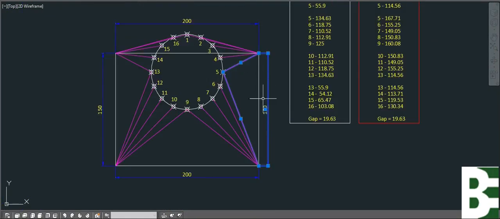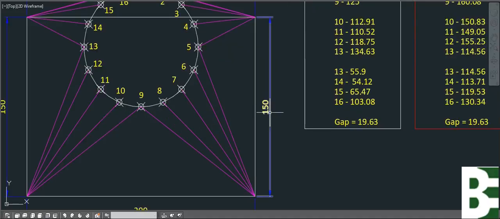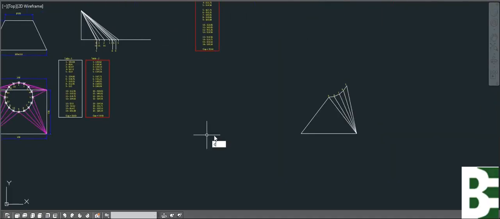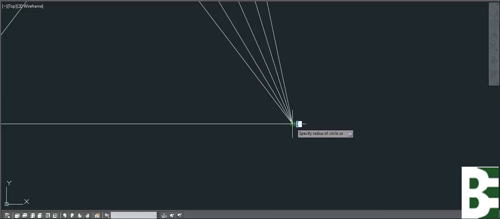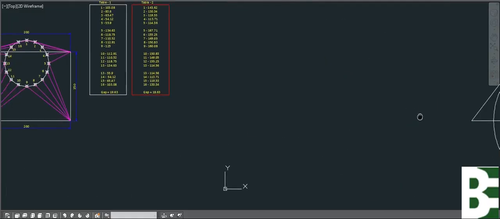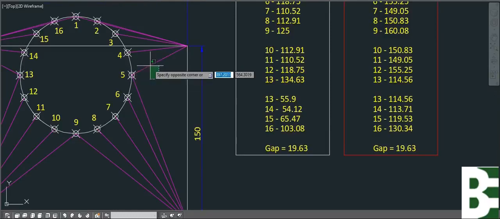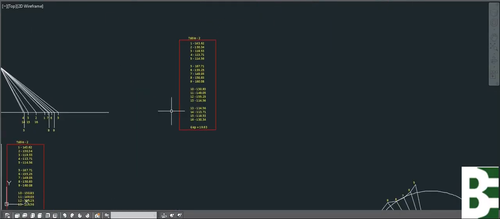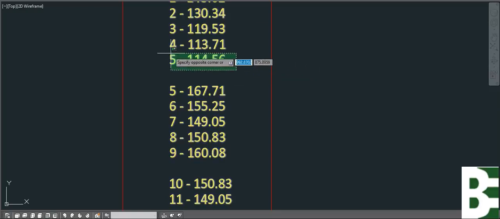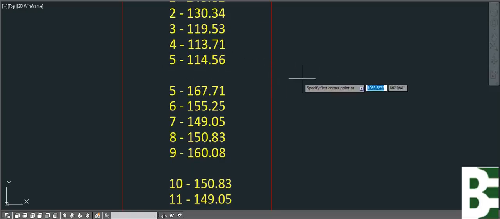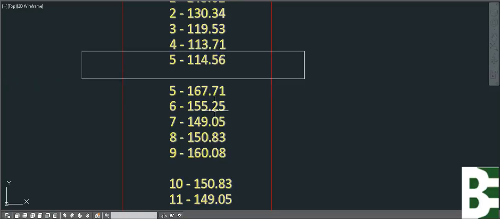This 150 millimeter side. So I will draw a radius of 150 from here, and from the top. In table number 2, what is my number 5, 114.56.